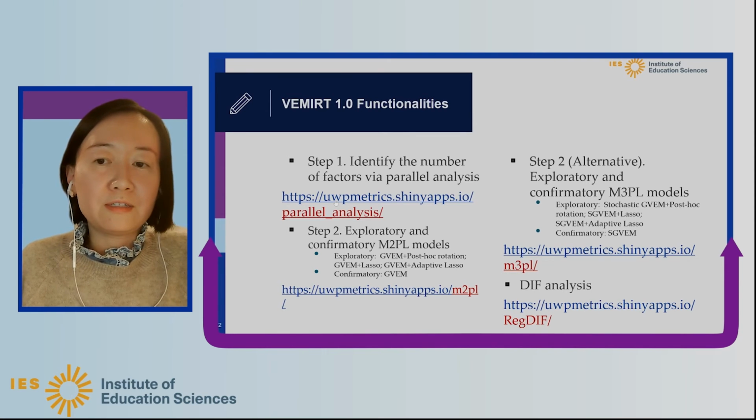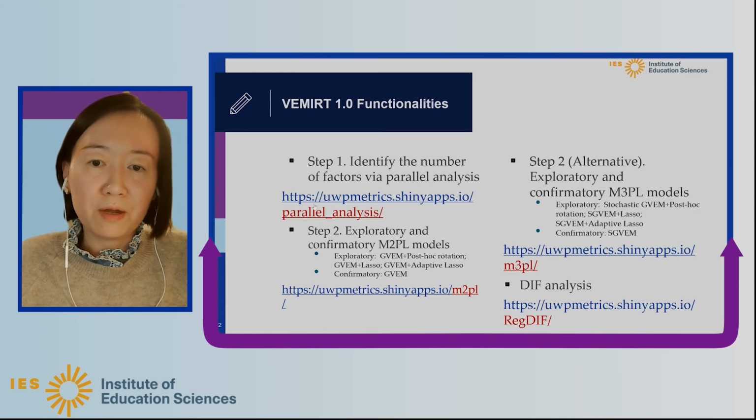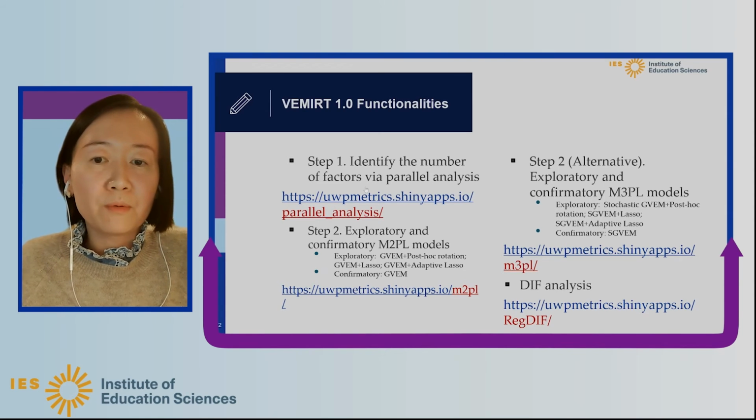Since the application is so complicated and the algorithm is very lengthy, we cannot lump them together. So we separate out 2PL versus 3PL models. But under each model, we have both the exploratory and confirmatory modules.